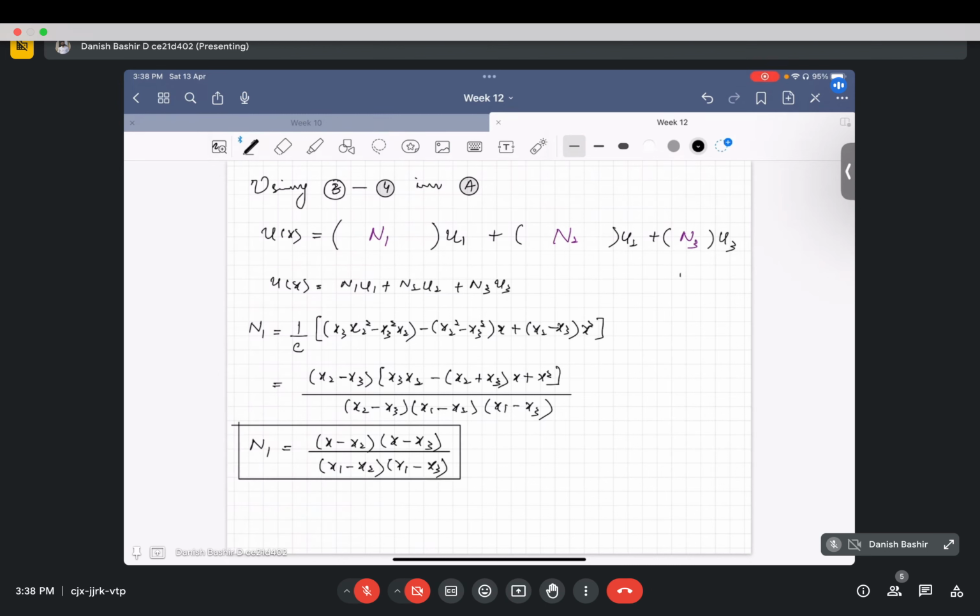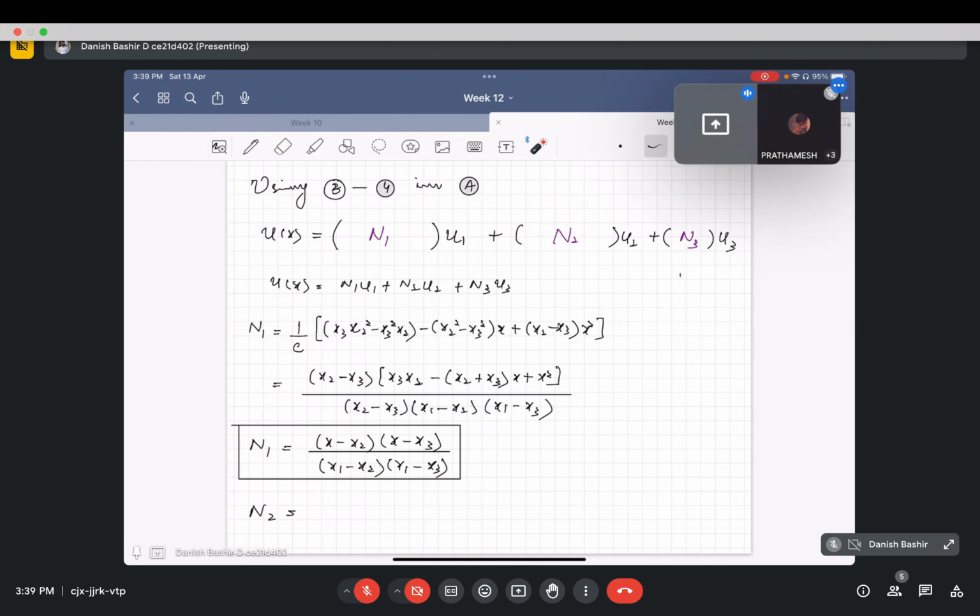If you see the value of N1, there is a pattern following, so we can easily write N2. Look, in the numerator of N1 there is x minus x2, x minus x3. X1 is not there because it is for N1. In the denominator, it is x1 minus x2, x1 minus x3.